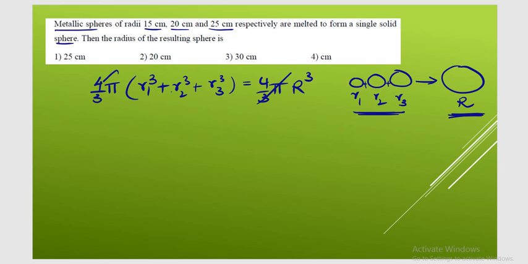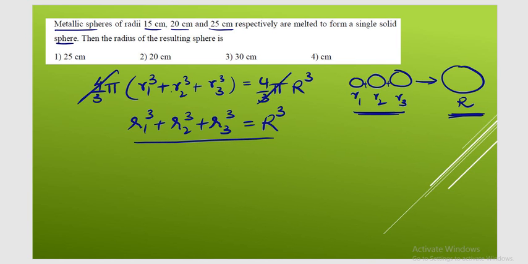On both sides I can cancel out 4/3 pi. So directly I am going to get R1 cube plus R2 cube plus R3 cube is equal to capital R cube.